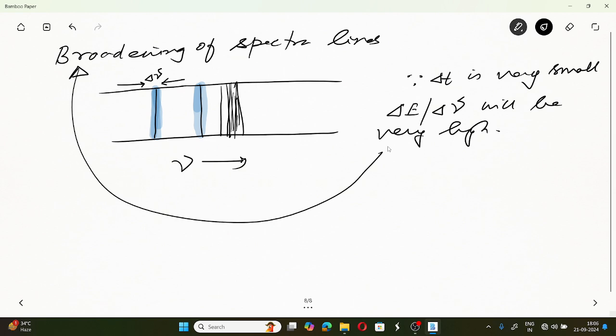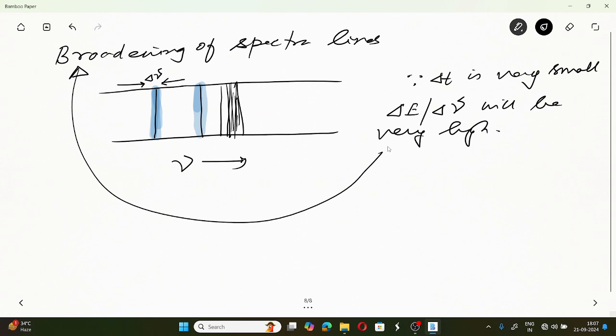The spectral lines, which are supposed to be lines, are quite broad. So this is how we can explain the broadening of spectral lines, maybe in the visible region itself.